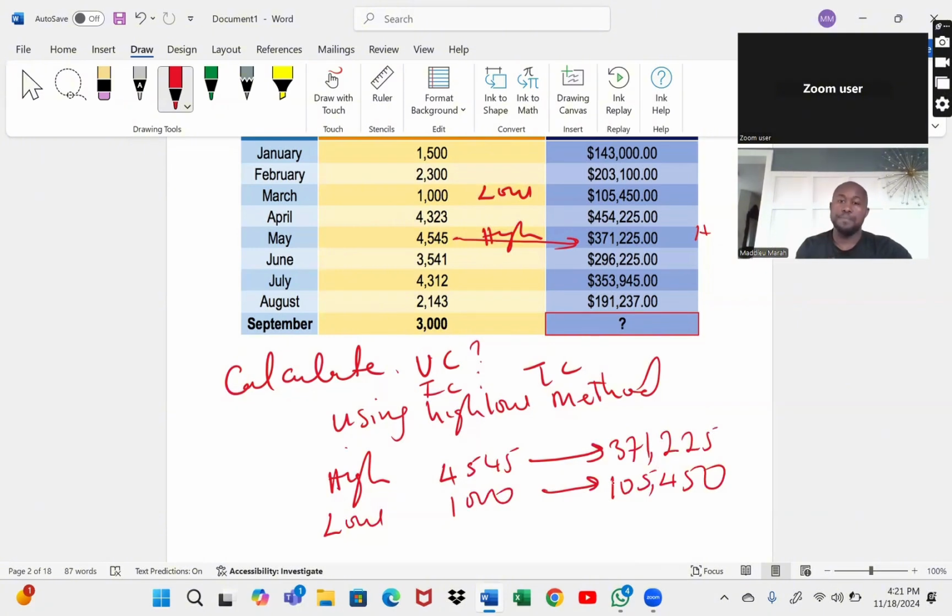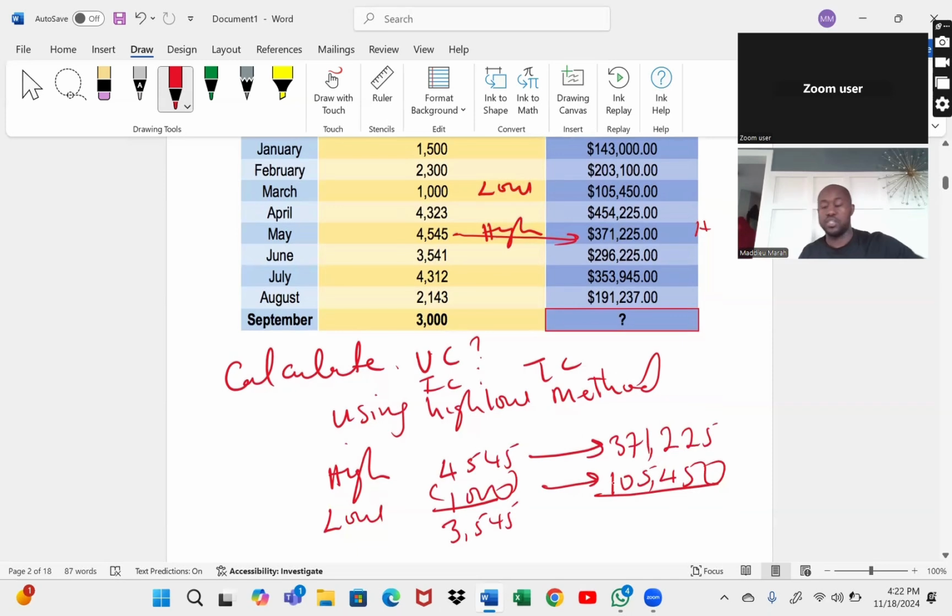The second step, we find the difference. The difference between 4,545 and 1,000 is 3,545. For the cost, let me use the calculator: 371,225 minus 105,450.